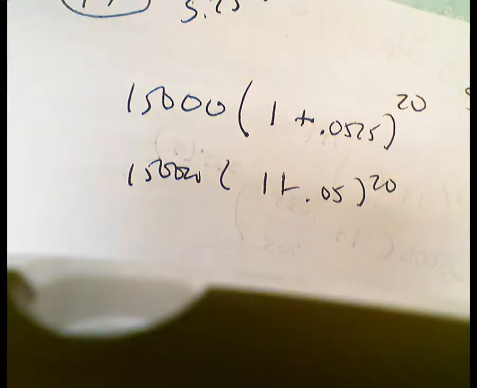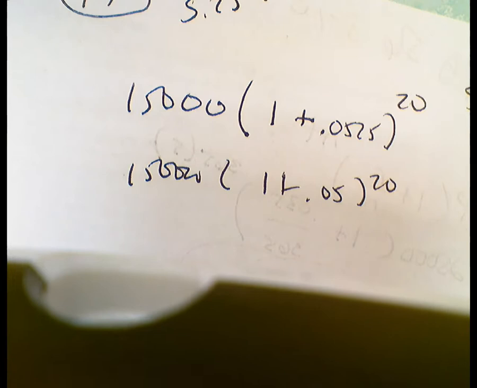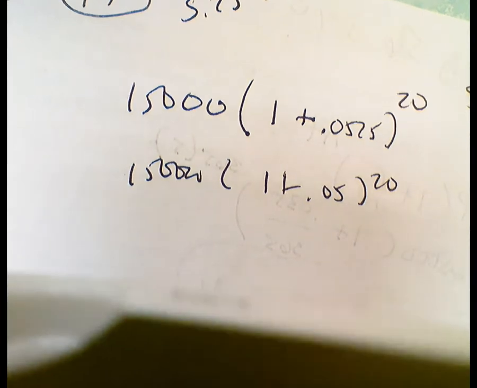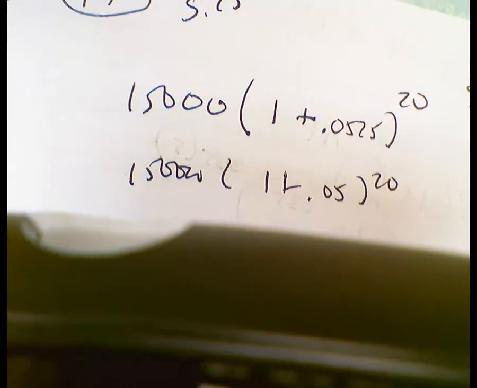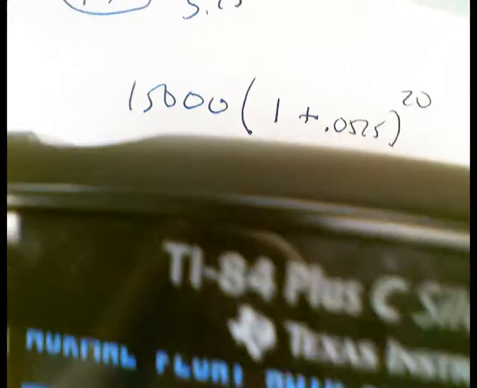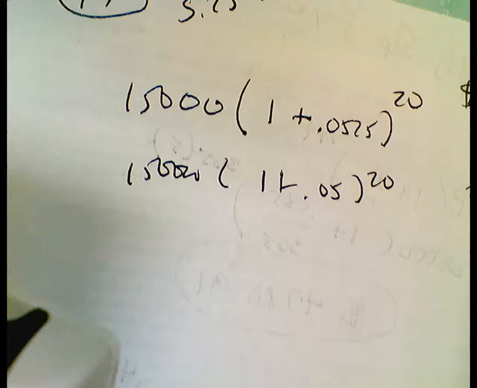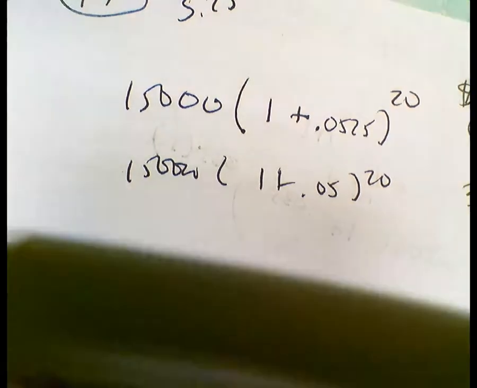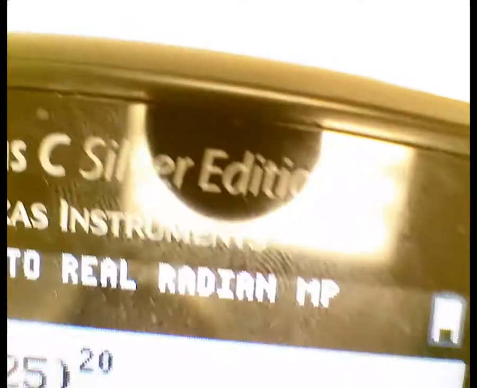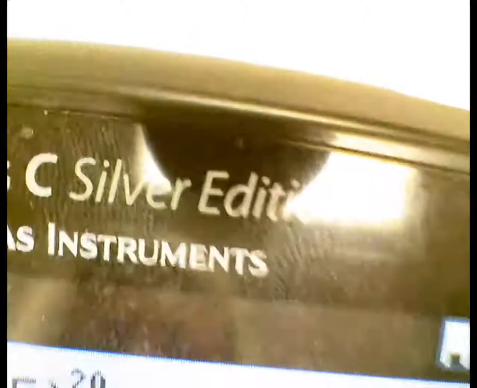Check the other zero. 39799.47, and then I would subtract this one, that one, minus this one.